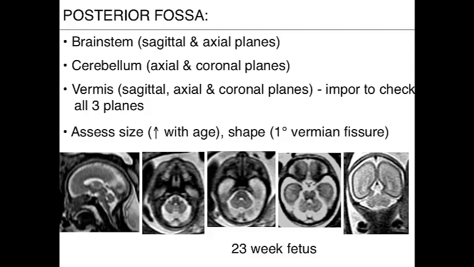In terms of the posterior fossa, we look at the brainstem on sagittal and axial planes and look at the cerebellum in axial and coronal planes. The vermis is important to assess on all three planes.